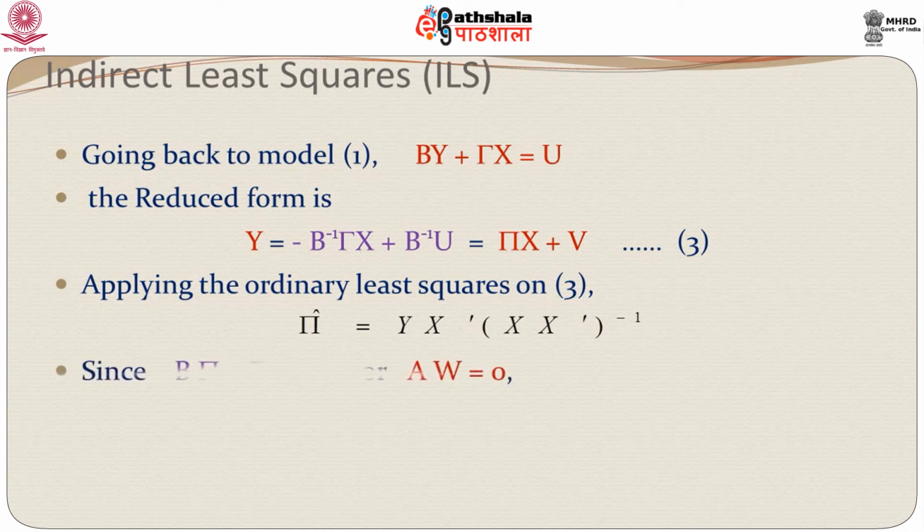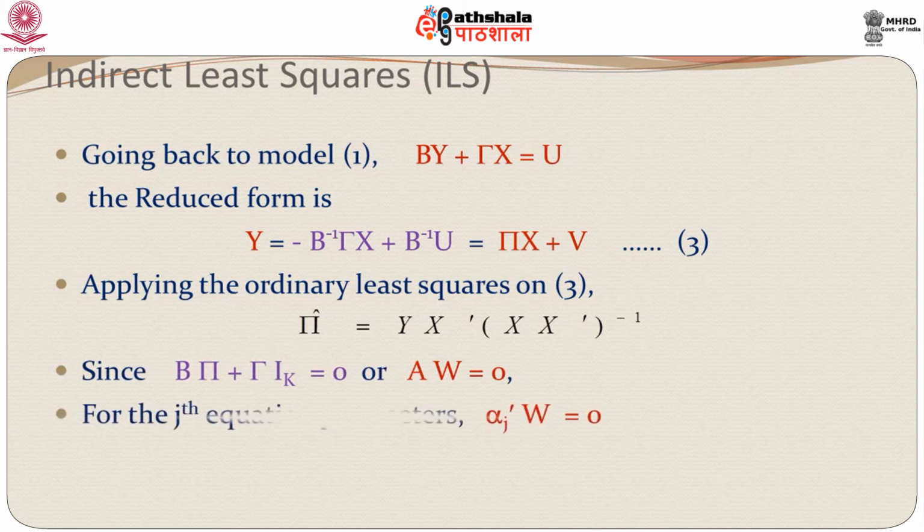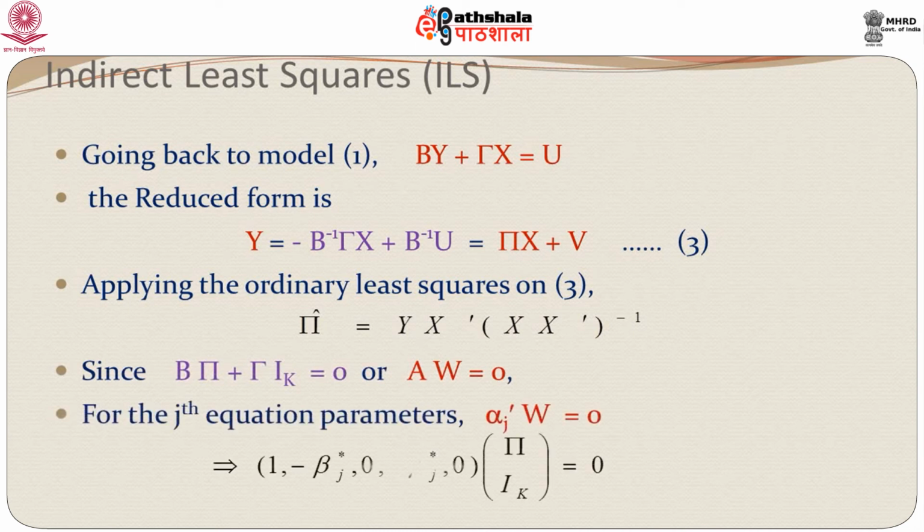Now, since we have the relation B pi plus gamma I k is equal to 0, or as we saw before, we wrote B and gamma as A and pi and I k as W, so we have A W equal to 0. Now, if I look at the jth row of A W, the jth row of A is alpha j prime.